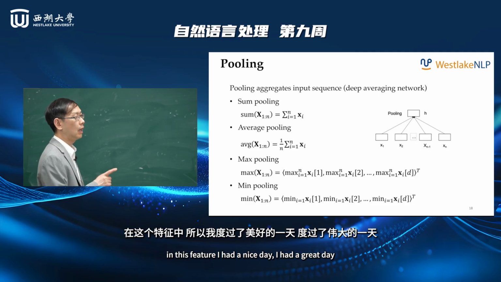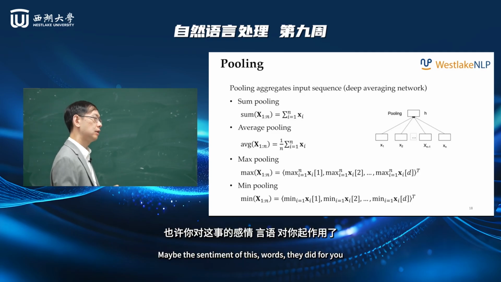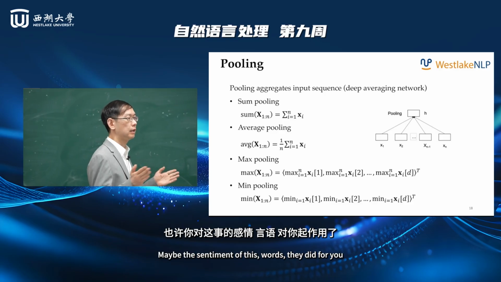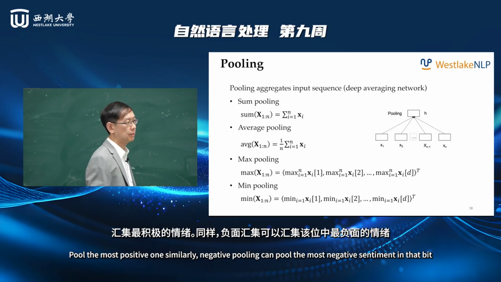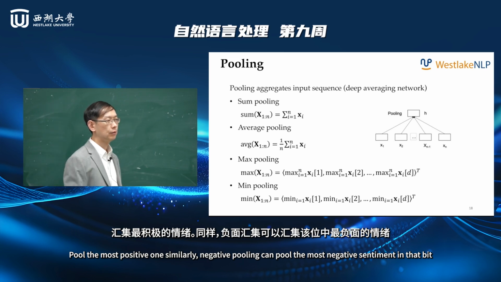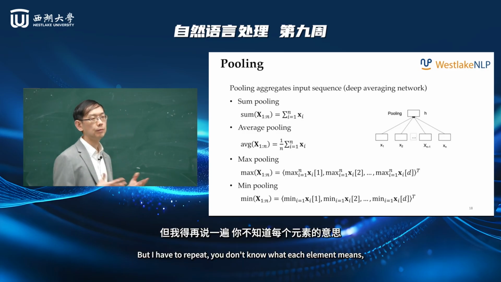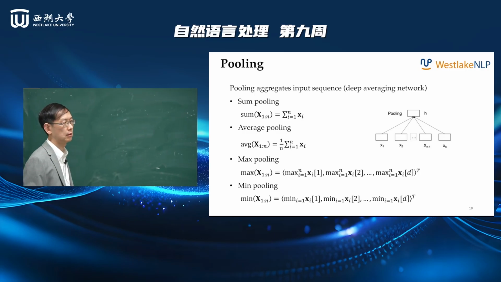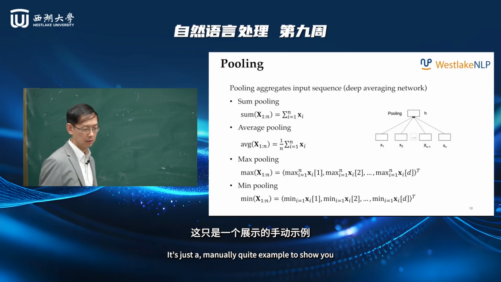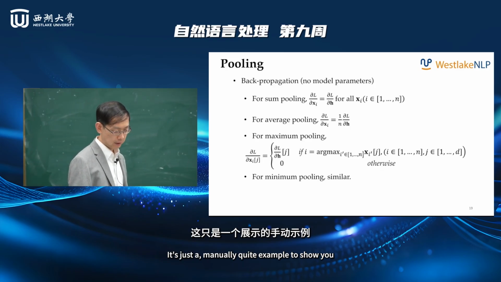So: I had a nice day. I had a great day. I had a fantastic day. Maybe the sentiment of these words differs, and you pull the most positive one. Similarly, minimum pooling can pull the most negative sentiment in that bit. But I have to repeat, you don't know what each element means. It's just a manually coined example to show you.